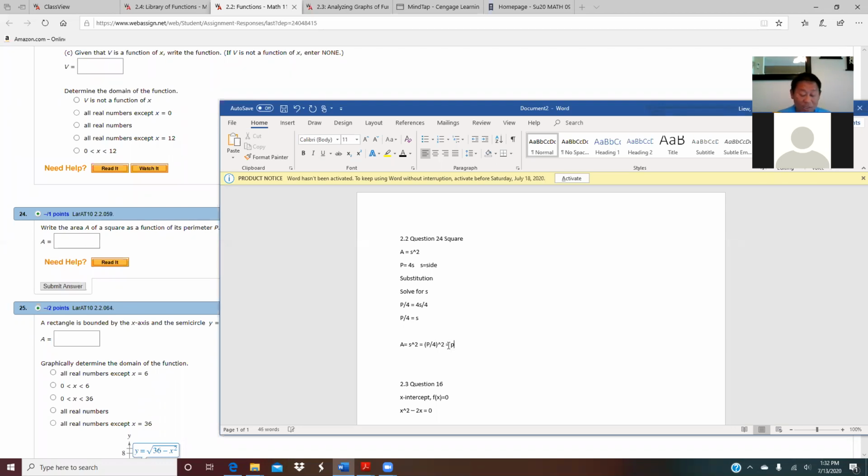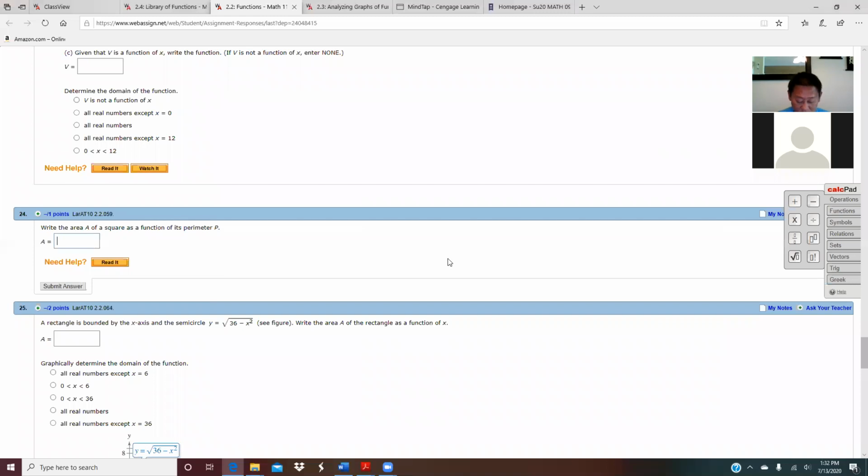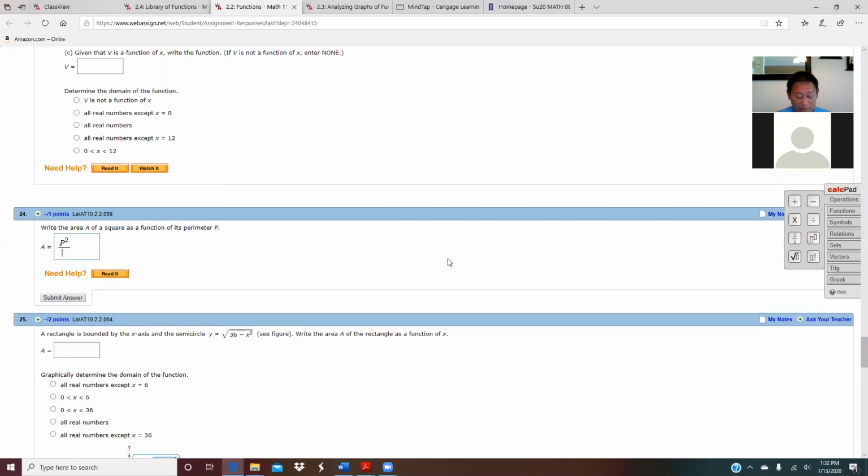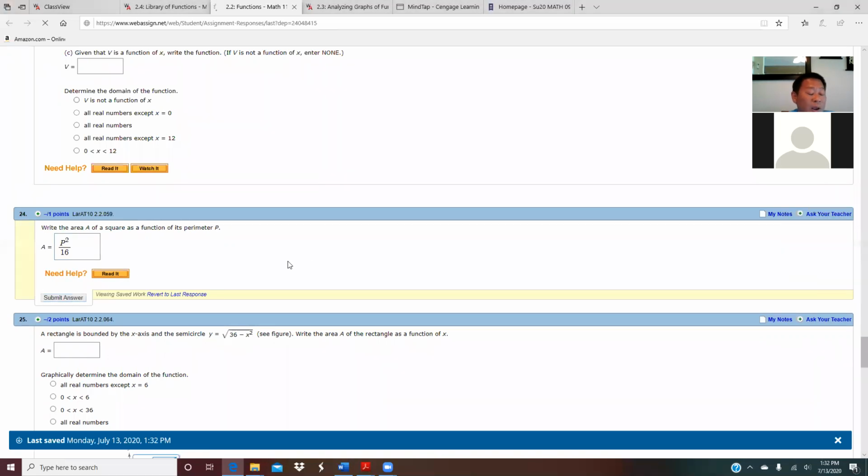This will give us P squared over 16, because P times P is P squared, and 4 times 4 is 16. So you have to write P squared, and make sure the P is a capital letter, over 16. So this is how we do question 24.